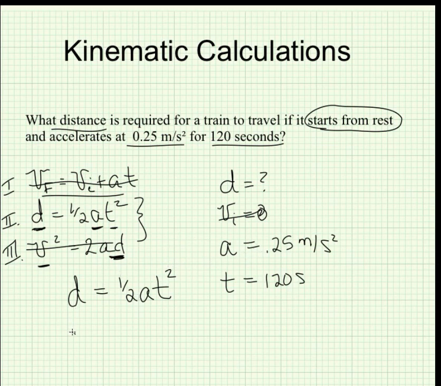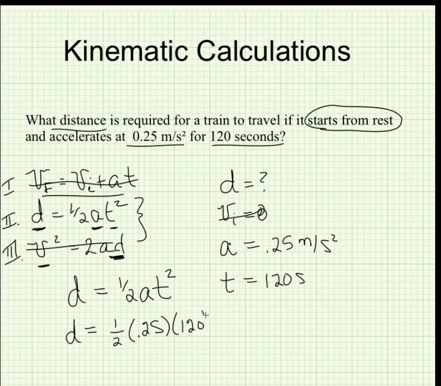I'm looking for distance, so I'm going to keep that as d. 1/2. If you don't like fractions, make this 0.5. What number am I going to substitute in for a? Because I know the value of the acceleration, and that is 0.25. Don't include the units here because it'll get too messy and it'll confuse us. So that's 0.25. What number do I substitute in anywhere there's a t? I'm going to put in 120.